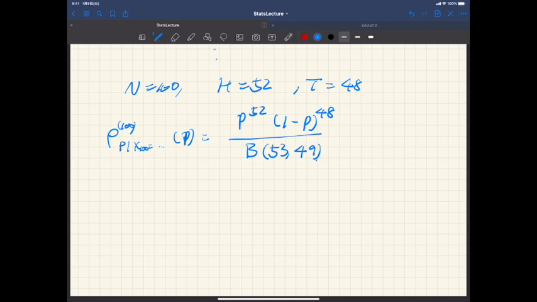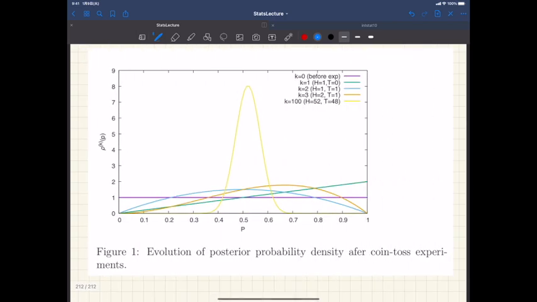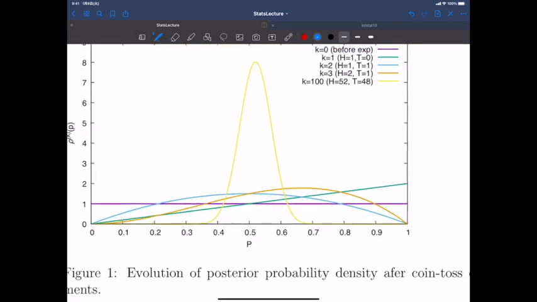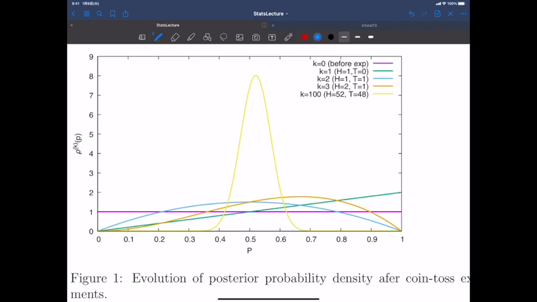So what does this function look like? Here's the answer. In the beginning, we had no information, so we assumed the uniform distribution like this. So it's a constant, just 1, from 0 to 1.